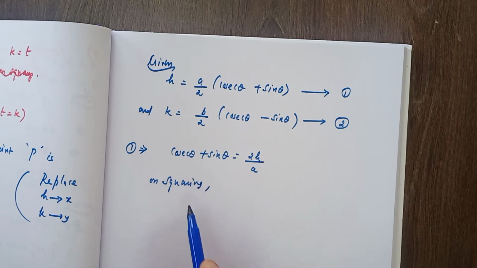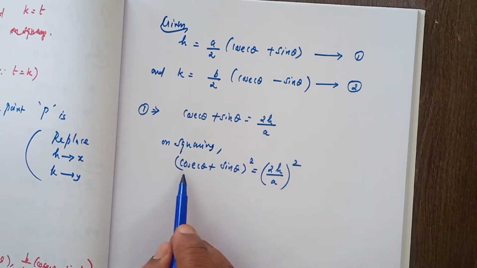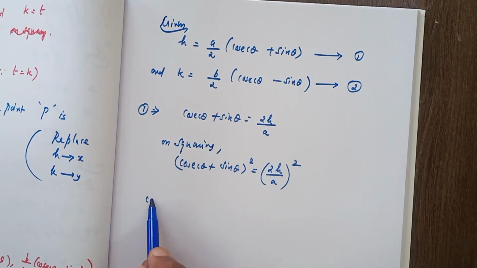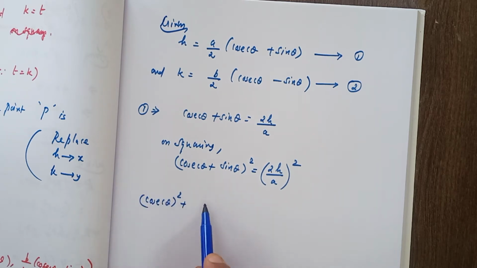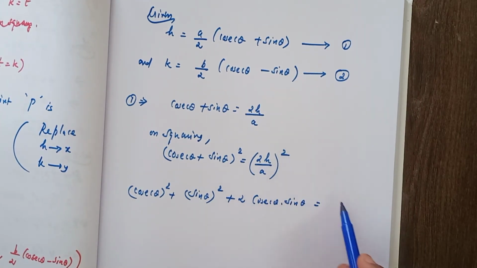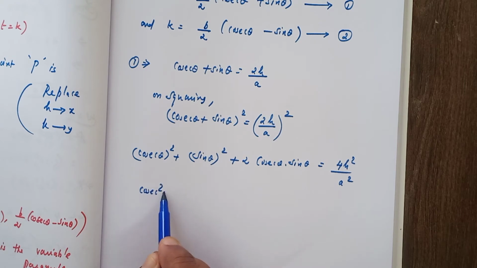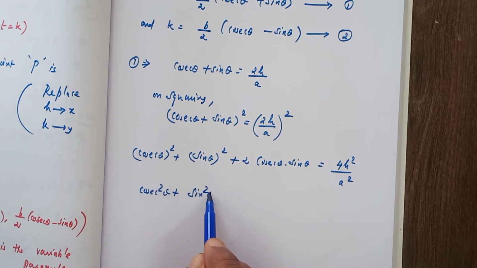On squaring, we will be getting cosecant theta plus sin theta the whole square, that is equal to 2h by a the whole square. Here you can apply the a plus b whole square formula, that is a square plus b square plus 2 into a into b: cosecant square theta plus sin square theta plus 2 into cosecant theta into sin theta, that is equal to 2h the whole square is 4h square divided by a square.